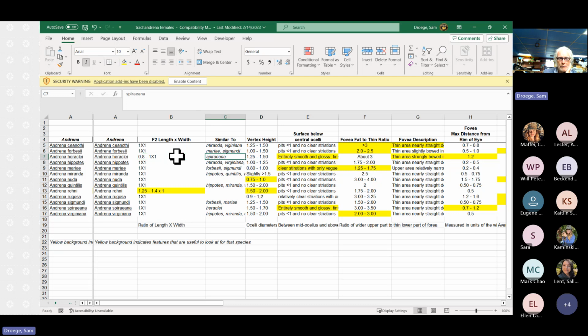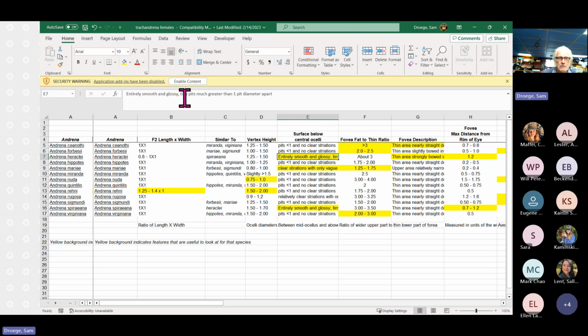We did not think of that as important. This, though, is highlighted: entirely smooth and glossy. So what we're looking at is the surface below the central ocelli. You know where the central ocelli is, and below would be between the antenna and that ocelli. In this case, it's very smooth and glossy.